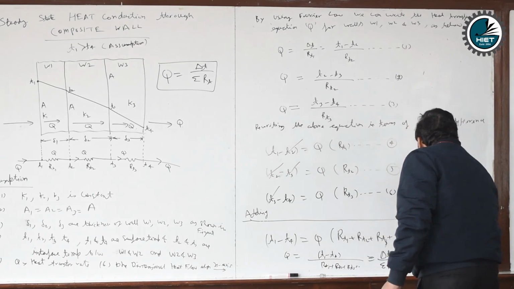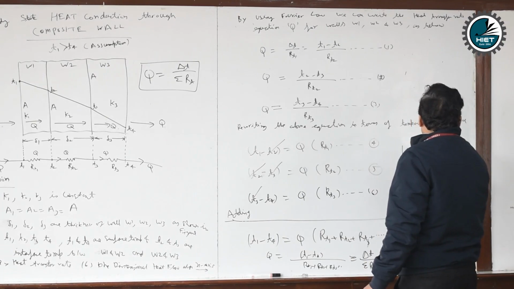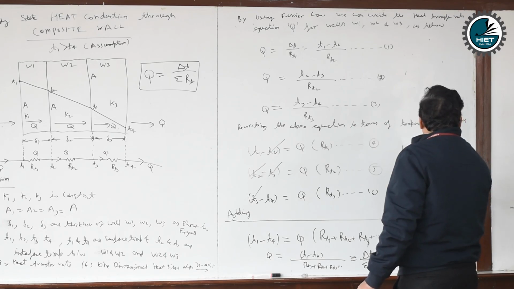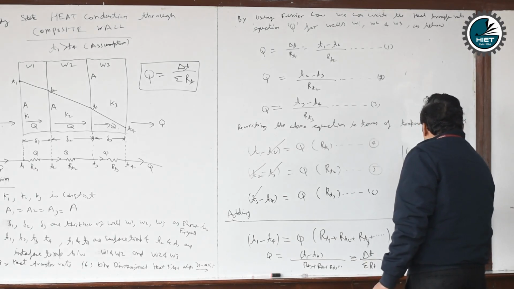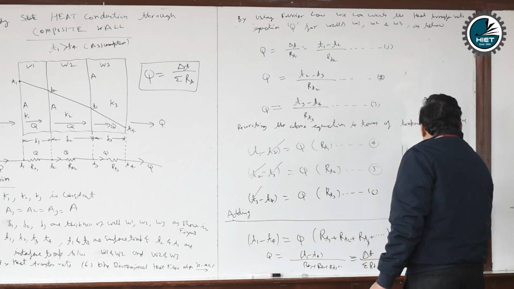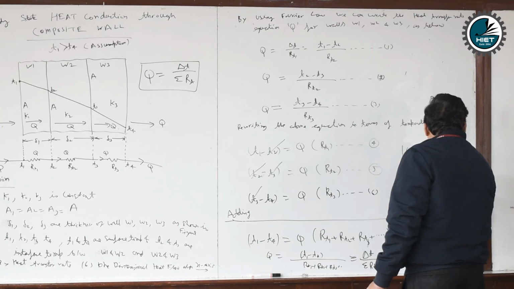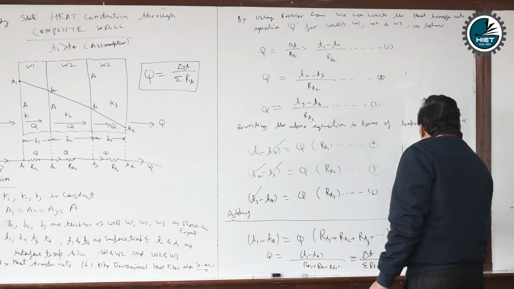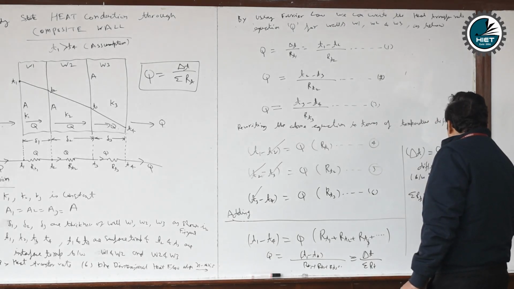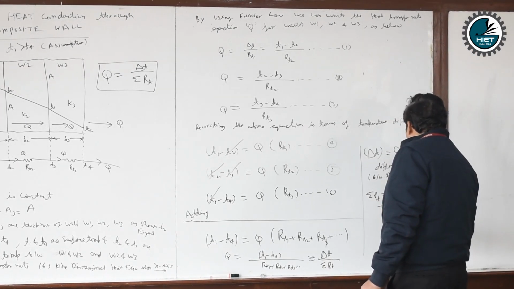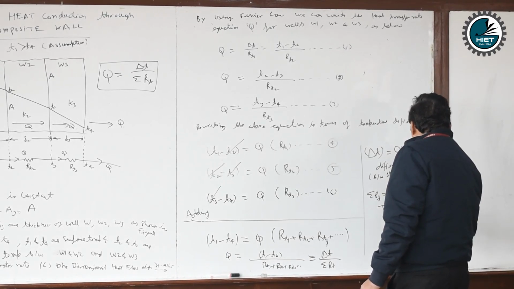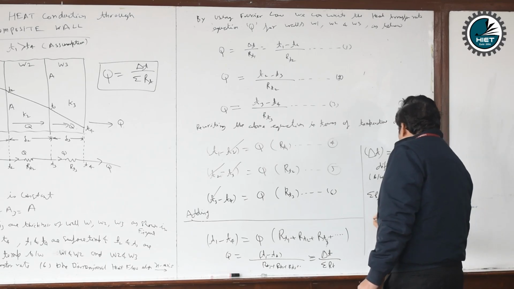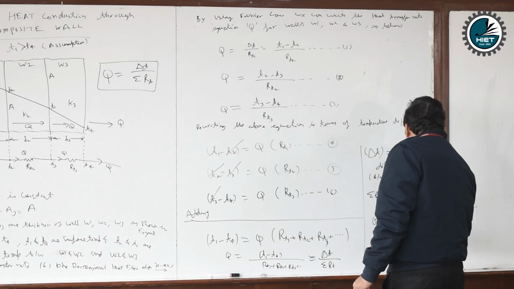Here delta T is known as the overall temperature difference between the first wall and the last wall, and sigma RT is known as the total thermal resistance of all walls.